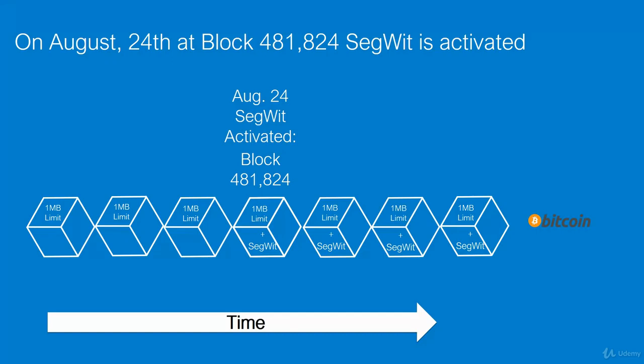And what that means is that the miners that have already upgraded to segregated witness can begin to process and create transactions using segregated witness. However, any miner that has not upgraded yet to segregated witness would still be able to remain on the chain. However, they would not be able to participate in segregated witness transactions.